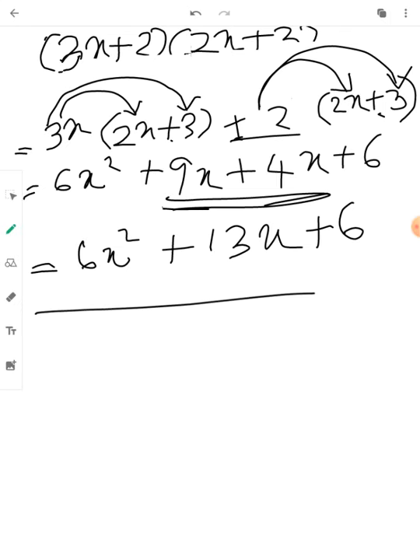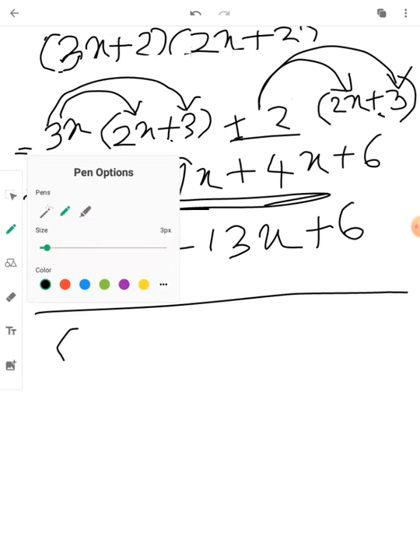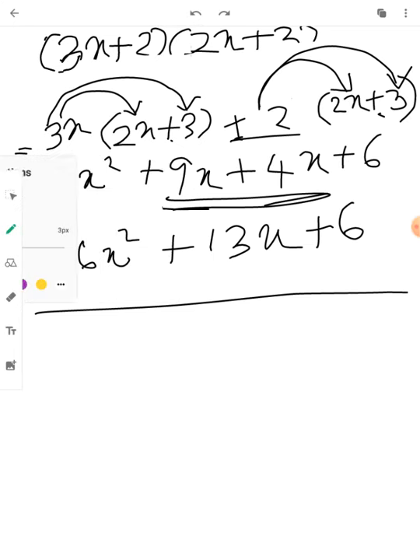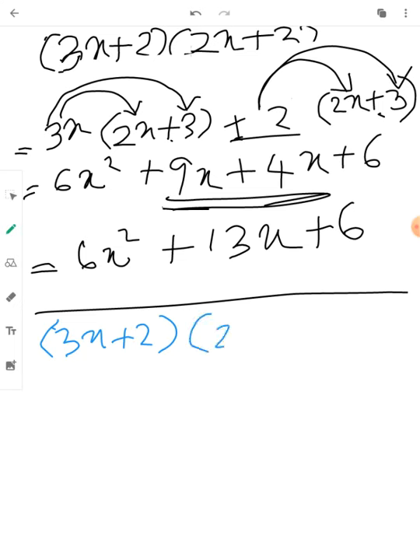So, in the other way, I'll rewrite this with another color. 3x plus 2, 2x plus 3. So now you are going to multiply this one by this. So write this one twice.